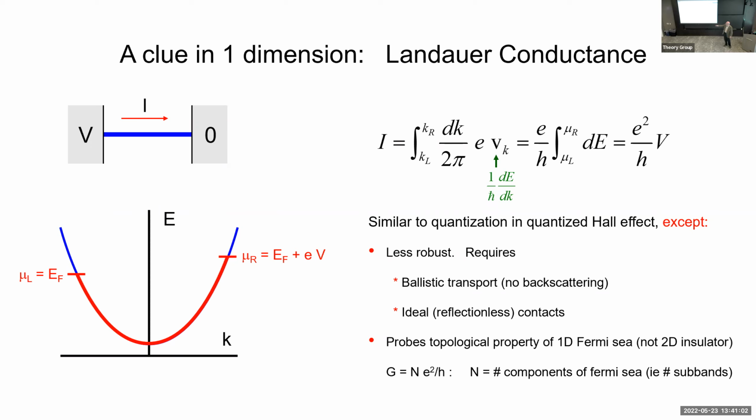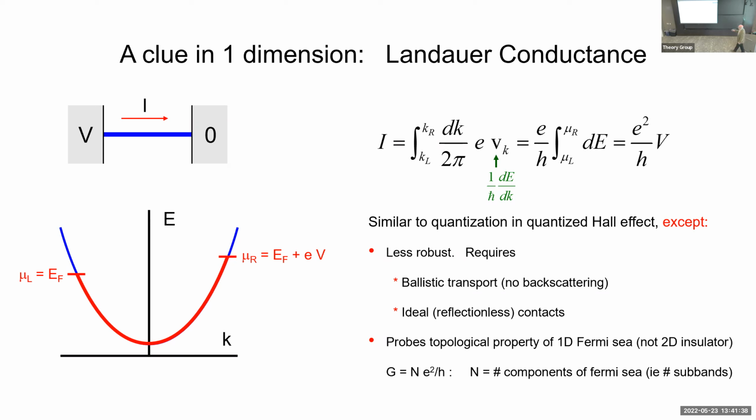And so it is just a simple matter to add up the current carried by each of the electrons. And so that's a simple integral of dk of the charge times the velocity. And the magic here is that the velocity is the group velocity, which is 1 over h bar times dE dk. And so what you can see is that the thing you're integrating is a total derivative. And so that just tells you that the current is e squared over h times the voltage. Okay, and so that's a quantized response in a one-dimensional system.